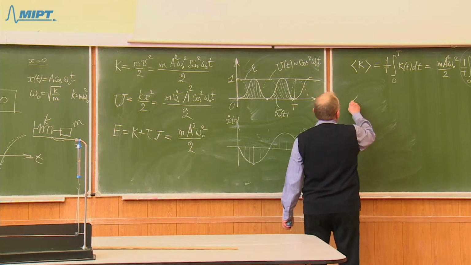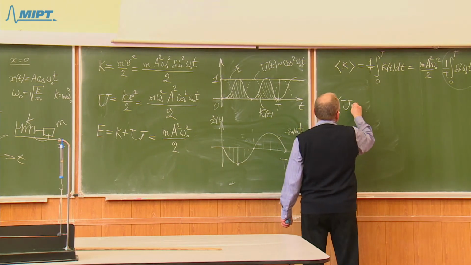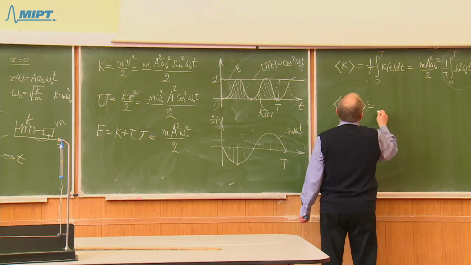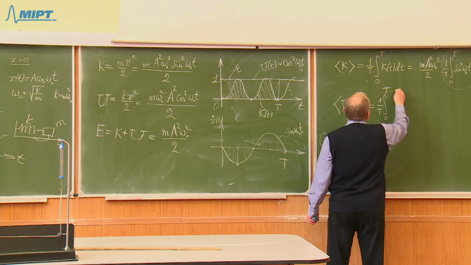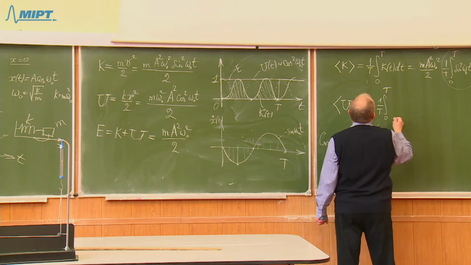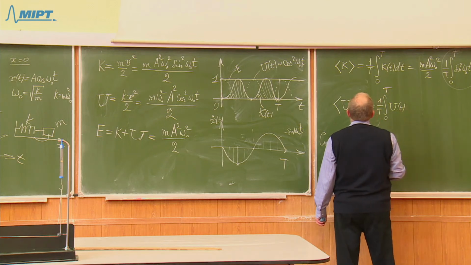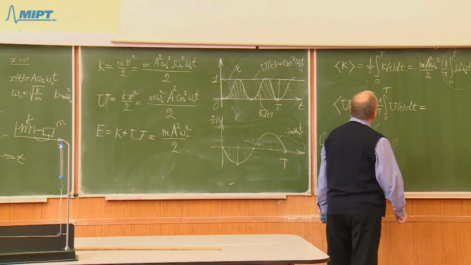Now I would like to calculate the average potential energy. This again is a function of time. I need to calculate the average of this periodic function. By definition, it will be 1 divided by the period, integral over the period from 0 to capital T, of the potential energy as a function of time, dt.